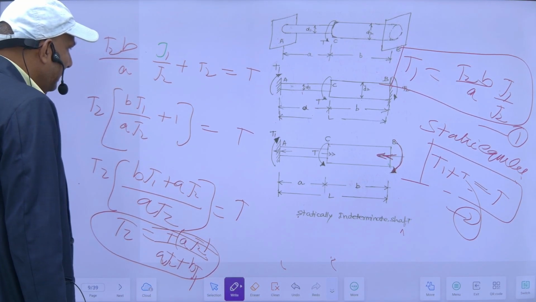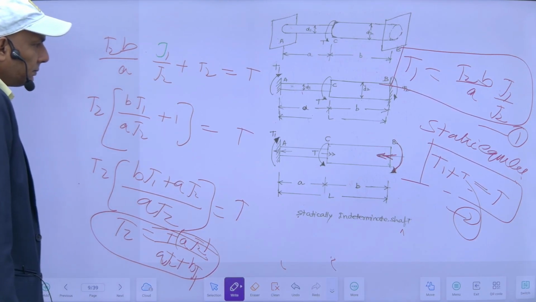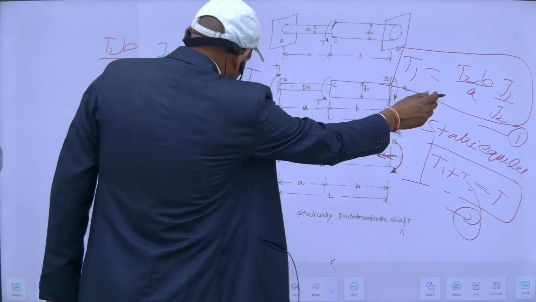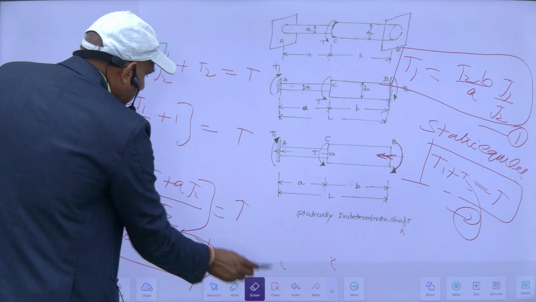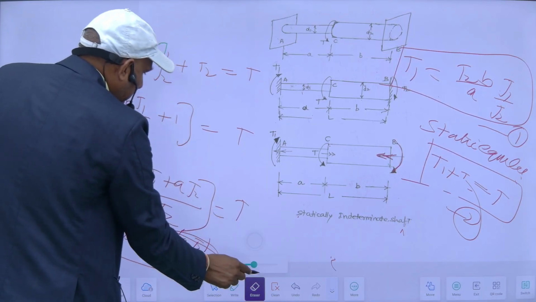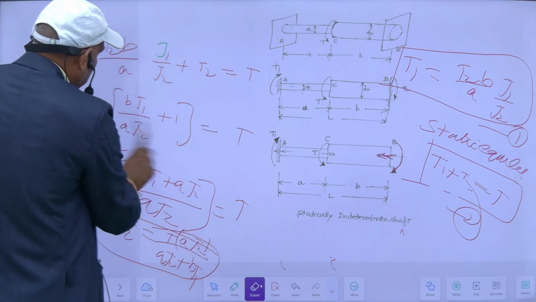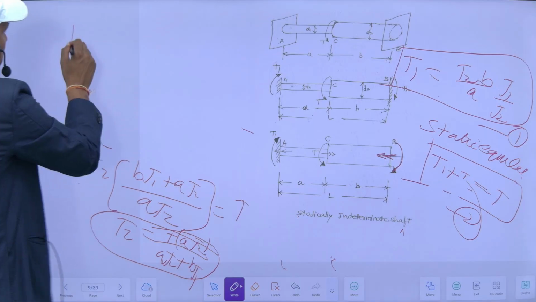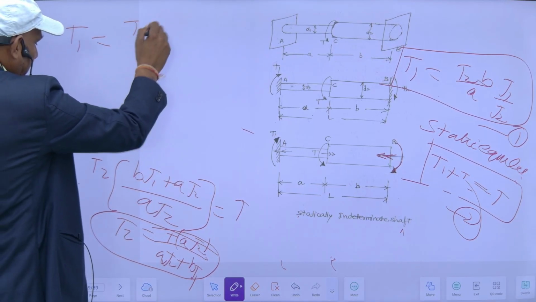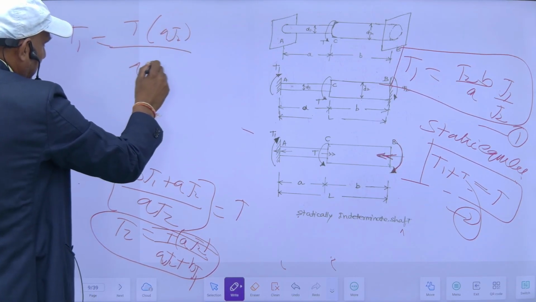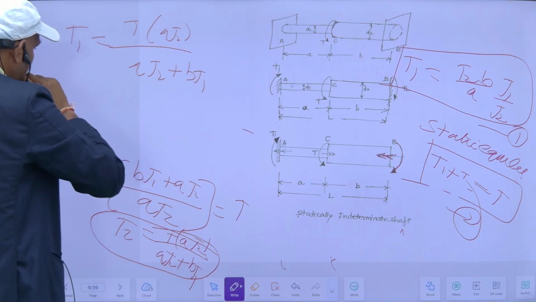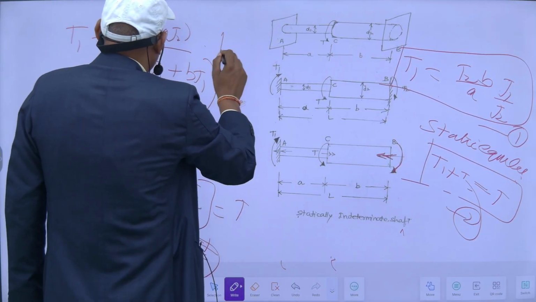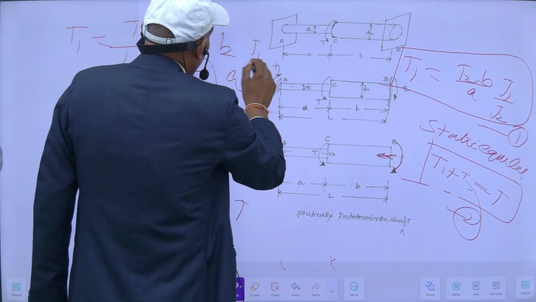Similarly, the value of T1 will be equal to: as T1 is equal to this, if I put the value of T2 here, T1 will be equal to T2, where T2 is T A J2 upon A J2 plus B J1, into B upon A into J1 upon J2.